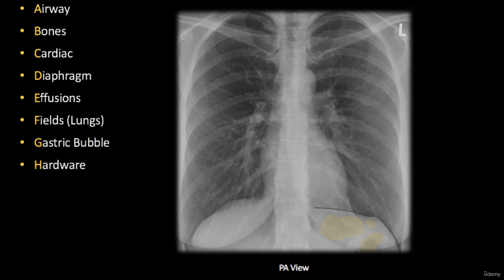Under the left dome of the diaphragm, you can see some oval-shaped shadows. They are the air bubbles which we have inside of our stomach. And the appearance of these bubbles on the X-ray is an absolutely normal sign. They are normal structures.